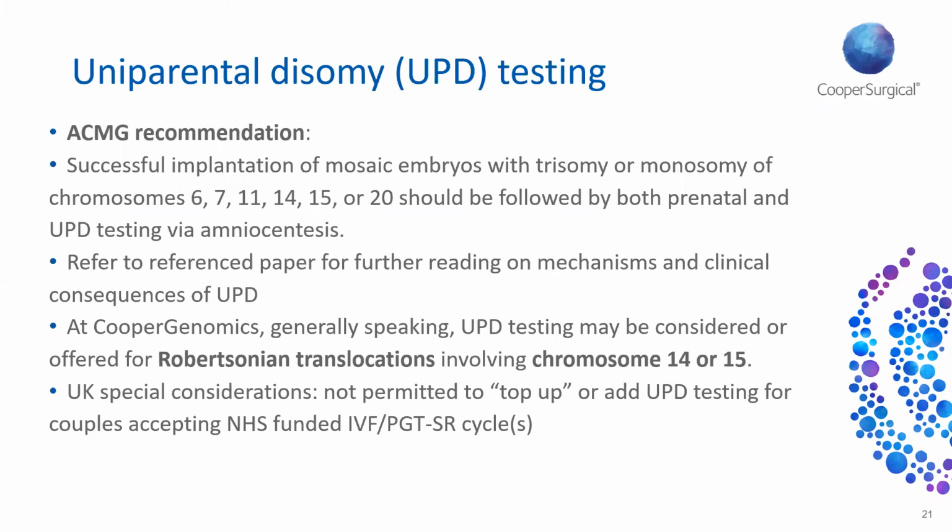So that's what's published in the medical literature, and this is what I counsel. Couples are really reassured by this, and they know that testing can be done if they're already planning to do prenatal testing, diagnostic testing, should a pregnancy be achieved after their IVF and PGT-SR cycle.